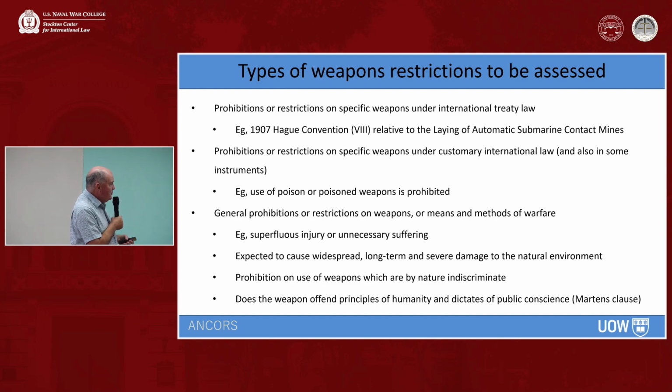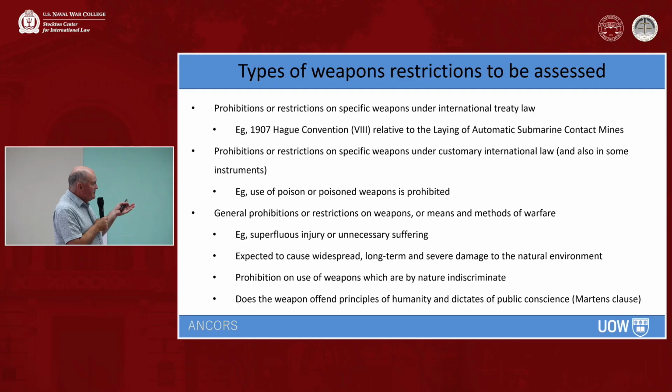Customary international law, as well as instruments such as the Geneva Gas Protocol from 1925, after the events of World War I, prohibits the use of poisonous gases and so on, poison weapons.